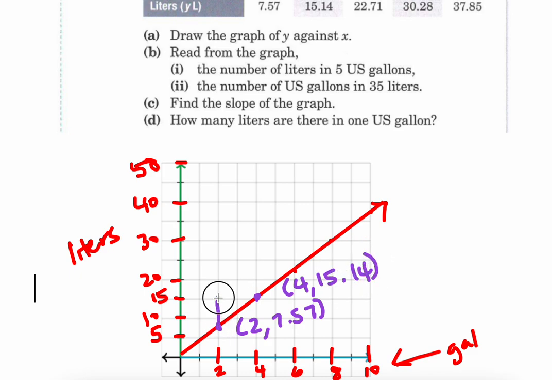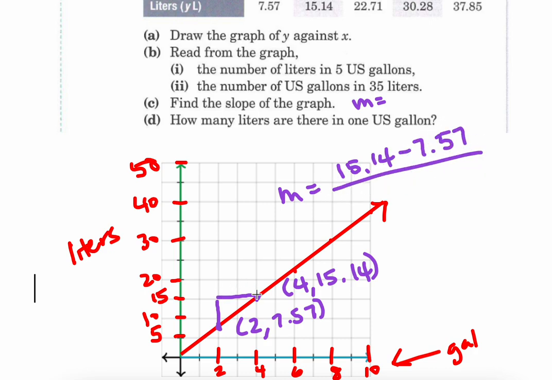Going up and over because my slope is rise over run. My rise to get from 7.57 up to 15.14, I need to figure out that difference. And for my run, I need the difference to get from 2 to 4. That one's easy, 2 plus 2 to get to the 4.